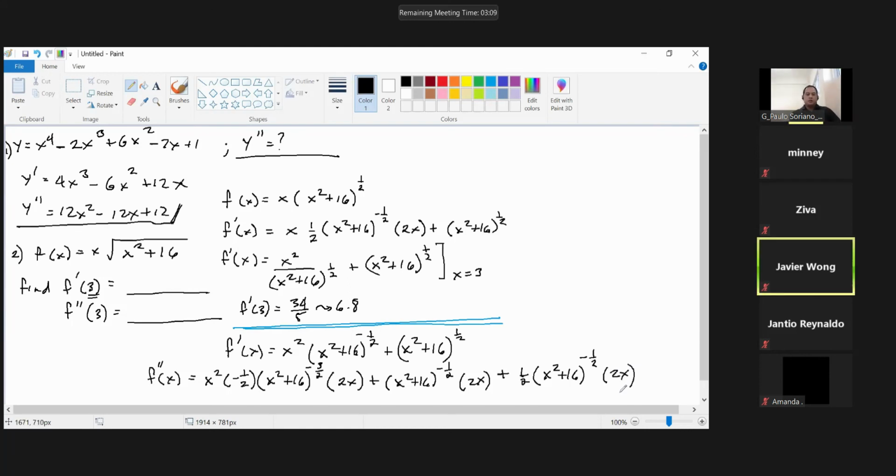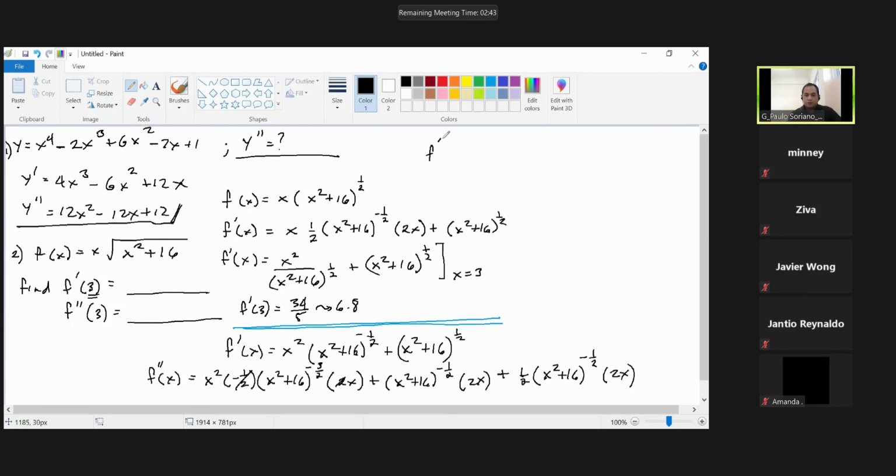Okay, what can we simplify? Half and 2x. This is negative, right? Negative times this one, so negative x cubed.